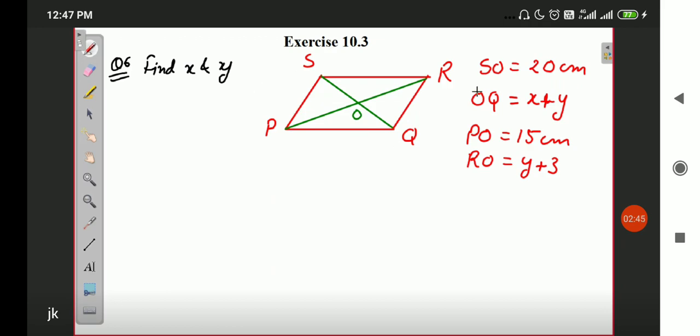Now, once again in this question also, we are going to use one of the properties of the parallelogram. The property that we are going to use here is: diagonals of a parallelogram bisect each other.